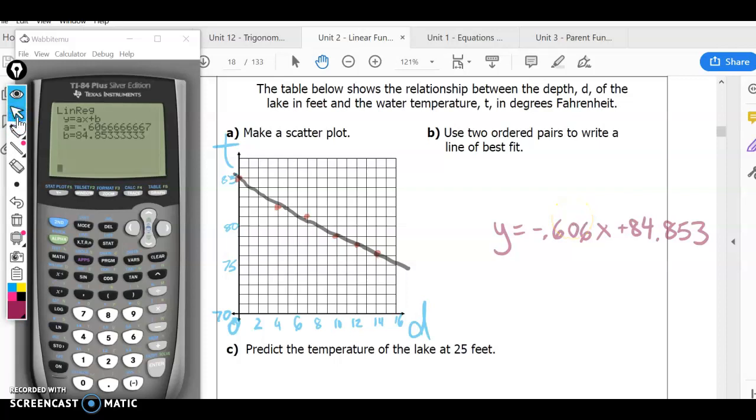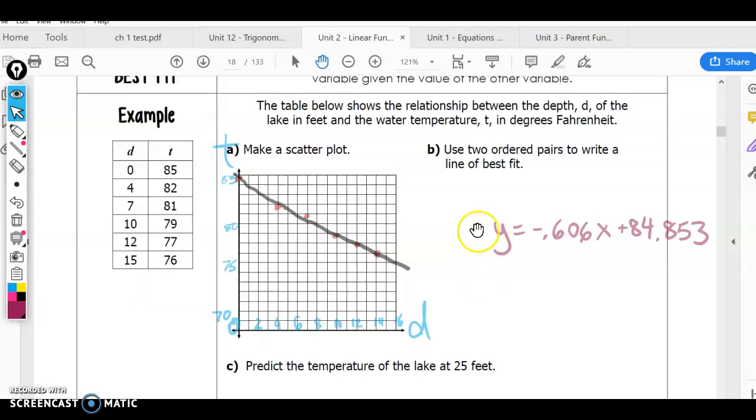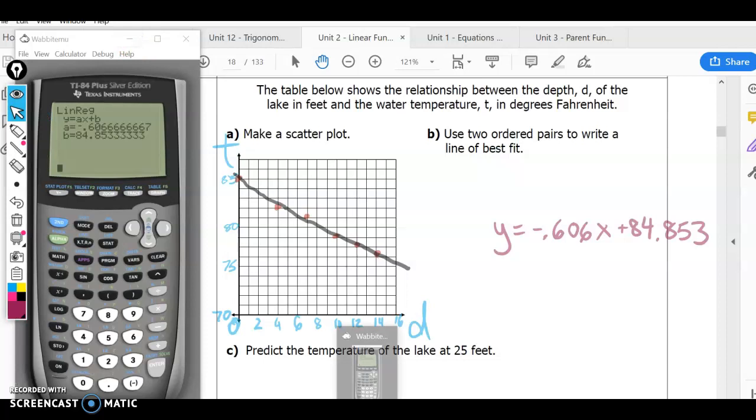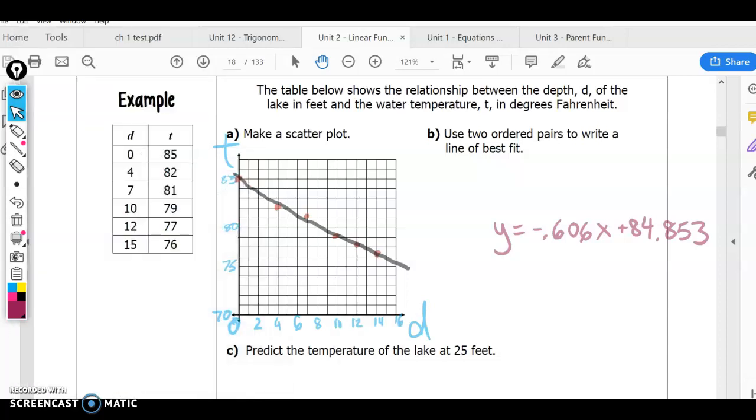Now to answer our final question, we're going to do some prediction questions after we come up with our line of best fit. So we're going to predict the temperature of the lake at 25 feet, taking 25 and thinking about what variable it stands for. 25 is the depth. That's going to stand for D, and we're going to figure out the temperature. In this case, D stands for the x value.